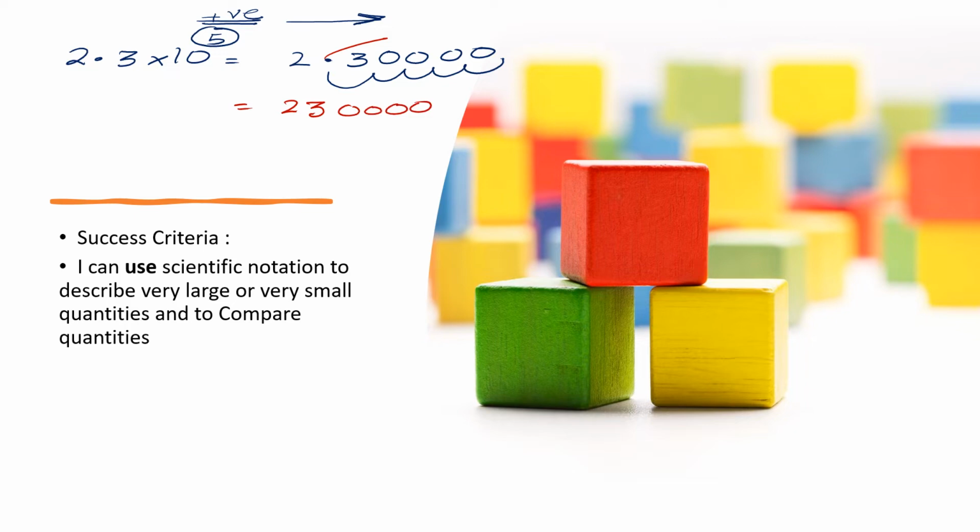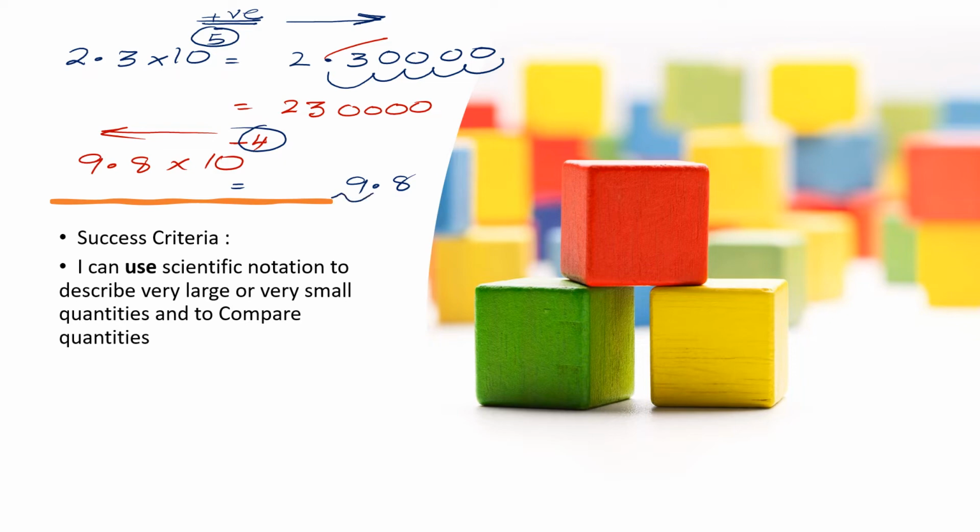Now, for example, if I have 9.8 and 10 to the power of minus 4, what will I do in that case? I will move towards the left side. When in the scientific notation the power is negative, I have to move to the left side. How will I write it? First I will write 9.8. Let's move 4 places to the left.